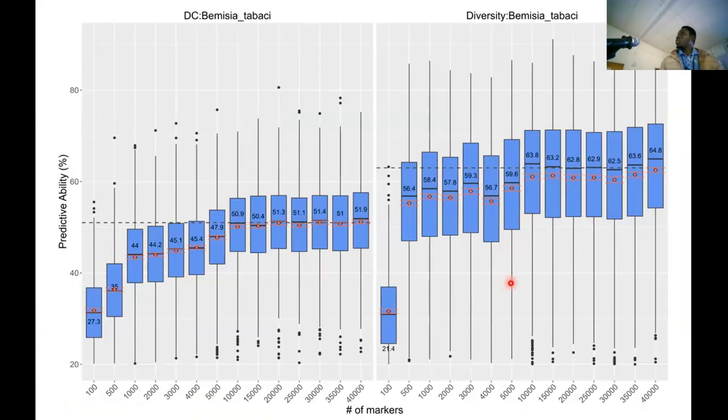For marker density, we can show that having a higher number of markers predicts better for us. As you can see, the predictions mostly peak at 10,000 markers, but between 4,000 and 10,000 markers, prediction abilities are not very bad.